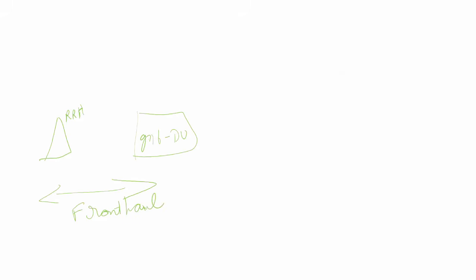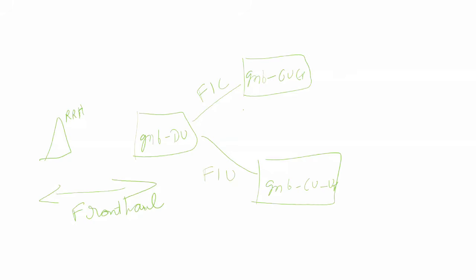After that, we have the gNodeB-CU-CP and the gNodeB-CU-UP, connected with the help of F1-C and F1-U. With N2, it is connected to the AMF in the core, and with N3, to the UPF.